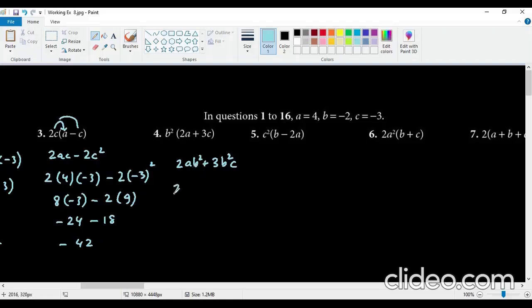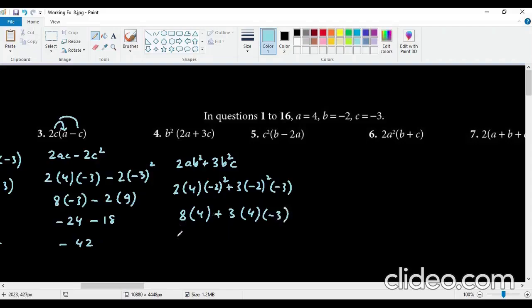So 2 times a value is 4 and b value is -2, which is a square again, plus 3 times b value is -2, which is a square, and c is -3. So first I'm simplifying and then evaluating by putting the values. 2 times 4 gives you an 8. -2 square is going to give you a 4, plus 3 times -2 square is going to give you a 4 again, and multiplied by -3.